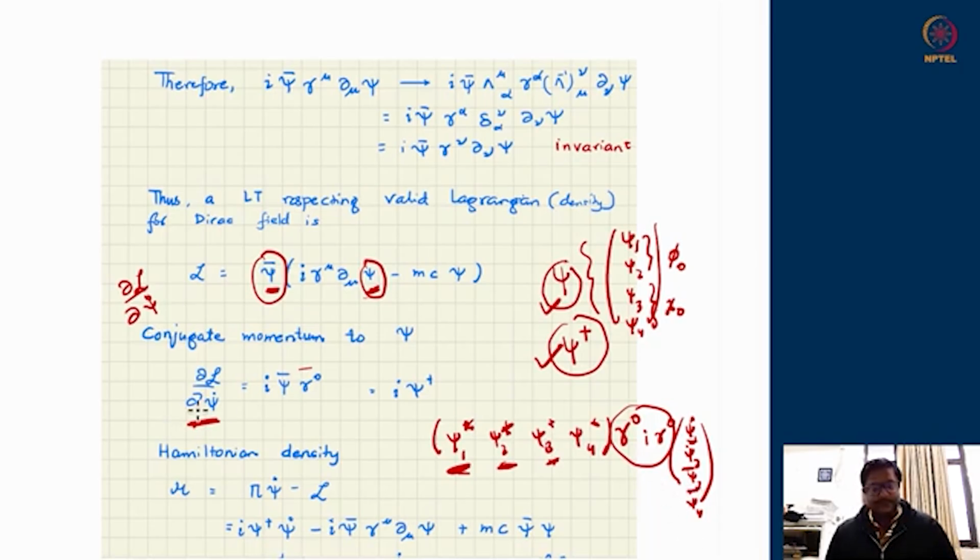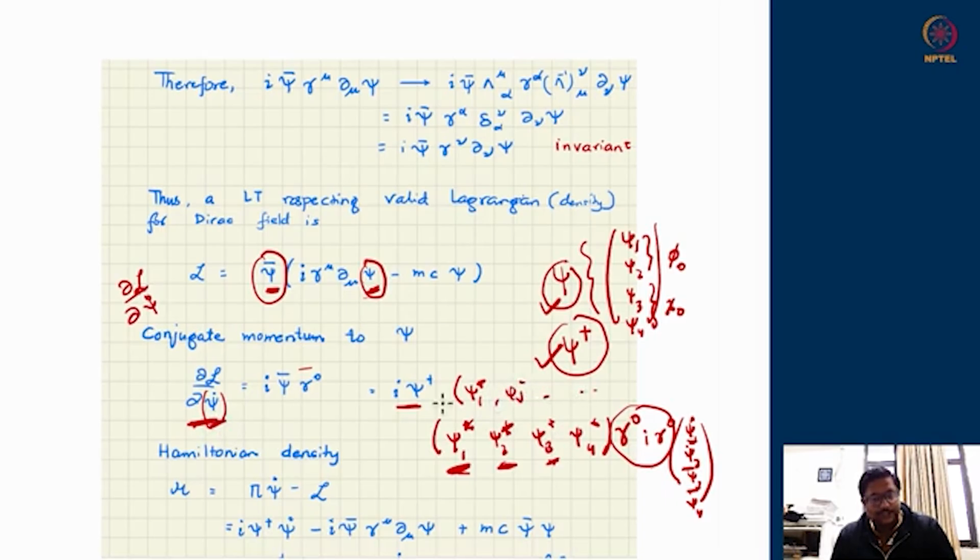So whenever I take del L upon del psi1 dot, I will get iota times psi1 star. Similarly for psi2 dot, I will get iota times psi2 star. For psi3 dot, iota times psi3 star, and so on. Collectively, I can write psi dagger, because psi dagger has components psi1 star, psi2 star, psi3 star, psi4 star.